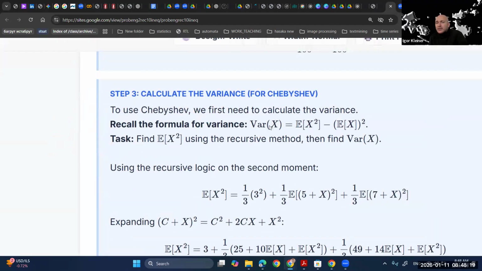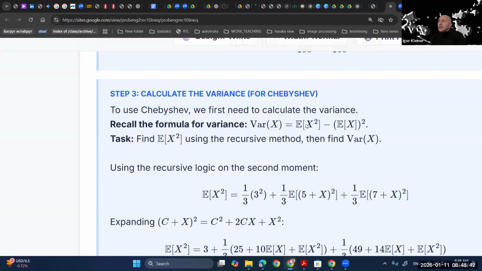Variance of x equals the expected value of x squared minus the square of the expectation. The expected value of x we found in the previous lesson. So now our goal is to find the expected value of x squared. How can we do it? We have a couple of possibilities.